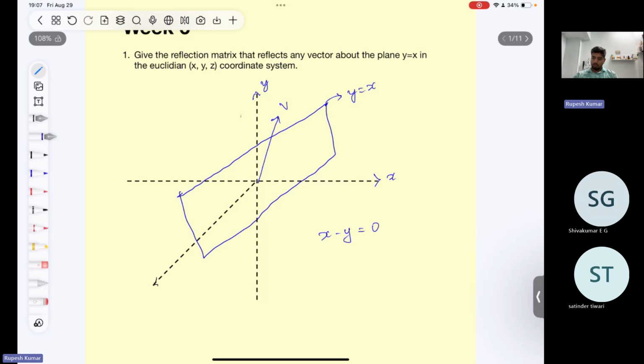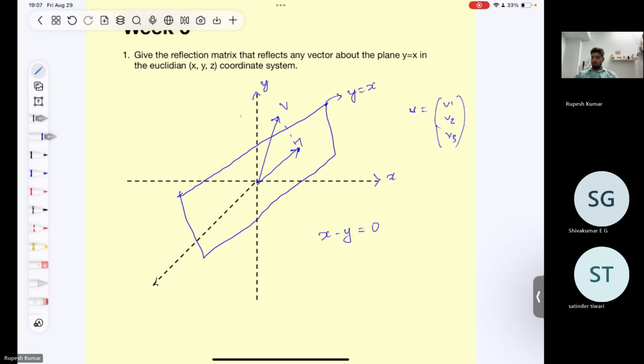Can we find the orthogonal projection of this vector on this plane? Anyone? What will be this vector? It will essentially replace x and y by the quantities. Let's say v is v1, v2 and v3.